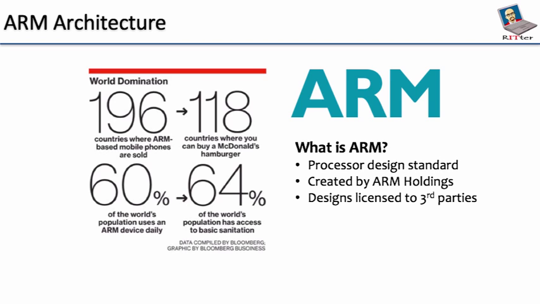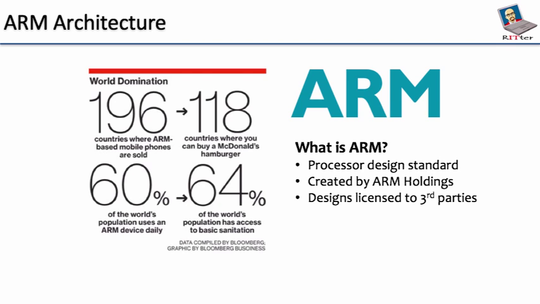They pay for the privilege. They pay ARM for that design, which is licensed by them. And in some cases, particularly Apple, they will add their own touches to that and improve on it a little bit. But this is the dominant processor architecture used worldwide in all mobile devices.